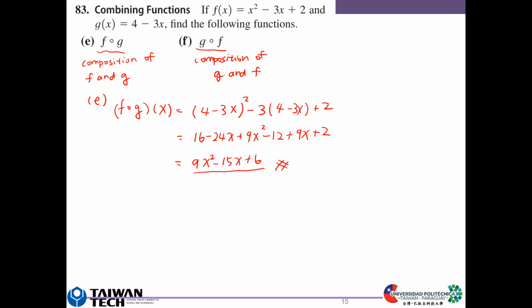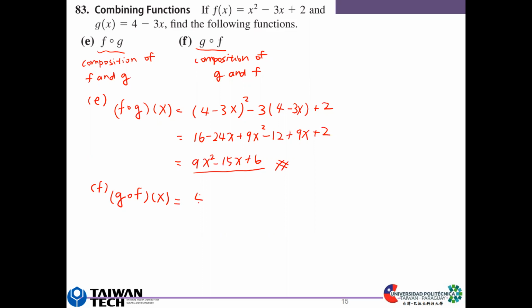So the composition of f and g is you put g as the variable of f. And for problem F, the composition of g and f at x, you assign f(x) as the variable for g.